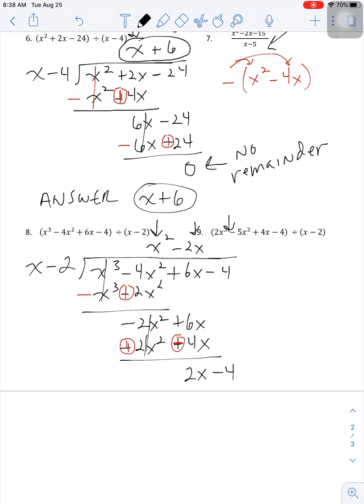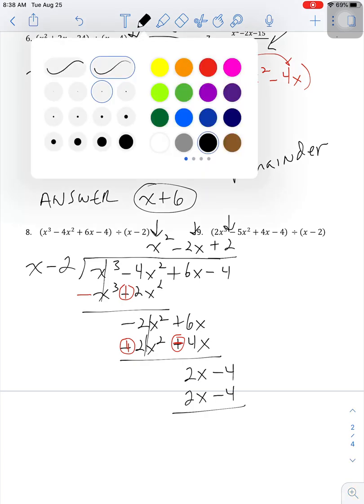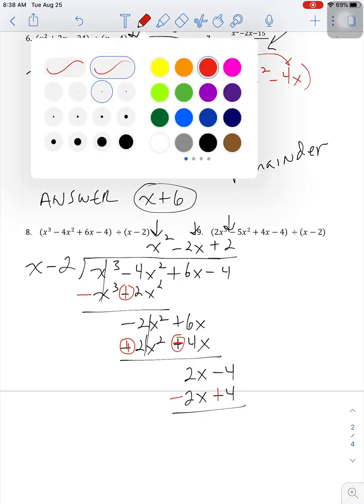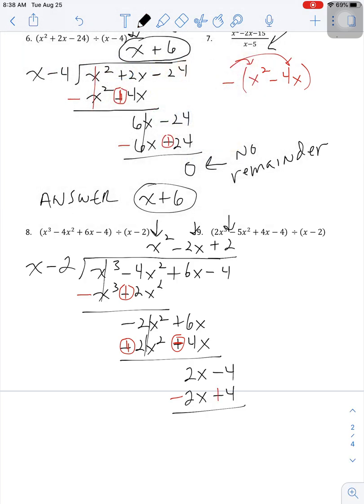And then you begin the process. What times x gives you 2x? Well, that's going to be a positive 2. So 2 times x is 2x. And again, I know I'm on the right path because it's matching up. 2 times a negative 2 is a negative 4. And then I got to subtract. Again, that changes the signs. So at the end, 2x minus 2x is 0.